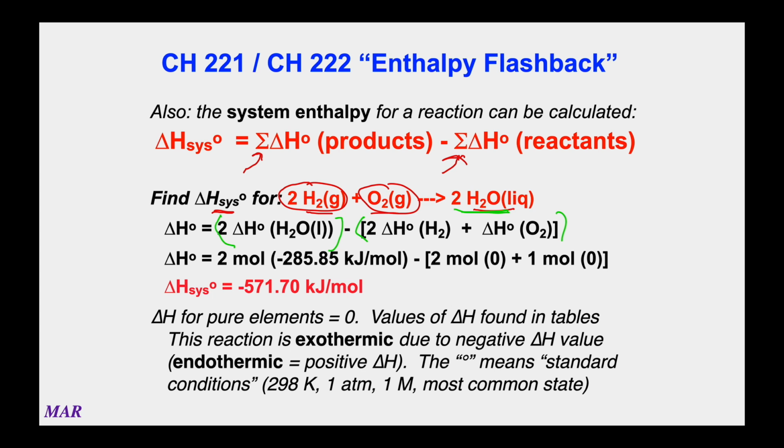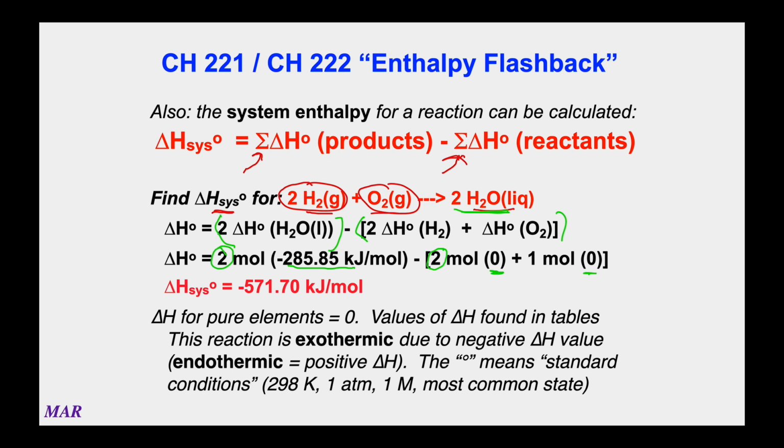Now, the number that's right there, that's the value when you look it up for water as a liquid. If you look up hydrogen and oxygen, they have values of 0. And notice that because of the stoichiometry, we're going to multiply the water by 2. If hydrogen had a value, we'd multiply it by 2. Oxygen, though, we just multiply by 1 because that's the stoichiometry of it.